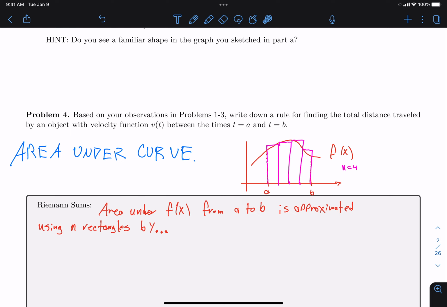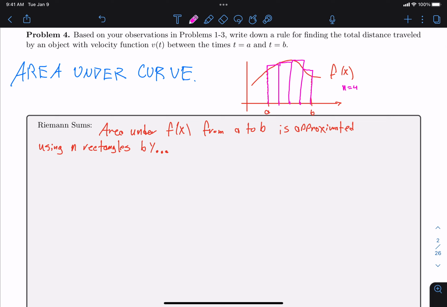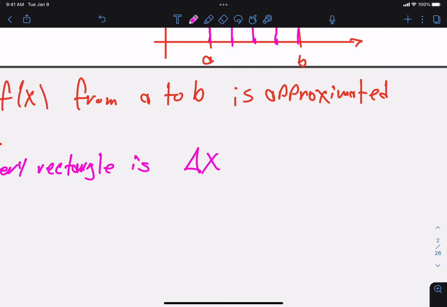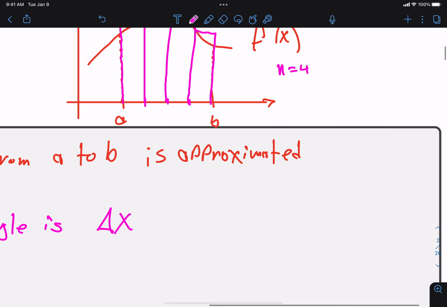All right. Now comes the bad part. Before I say anything about a left-hand sum, first off, the width of every rectangle is, and we use this symbol here, delta x, to refer to the width of one rectangle.